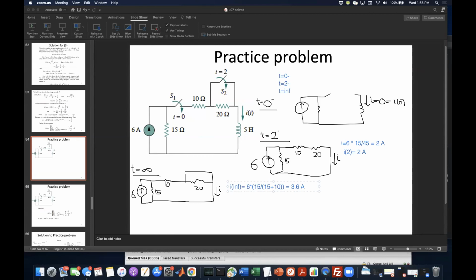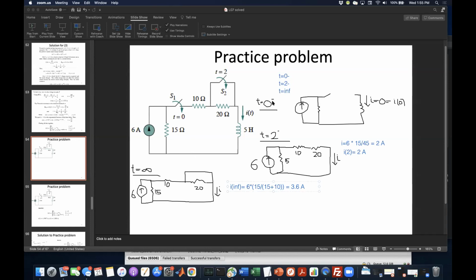All right, so now we have our initial, final, and kind of second initial condition. You can think of this as a second initial condition because we have two transients here. So now we need to find the time constant.